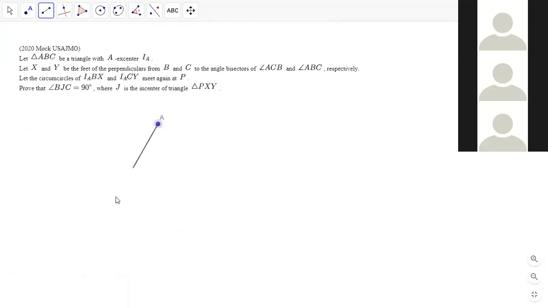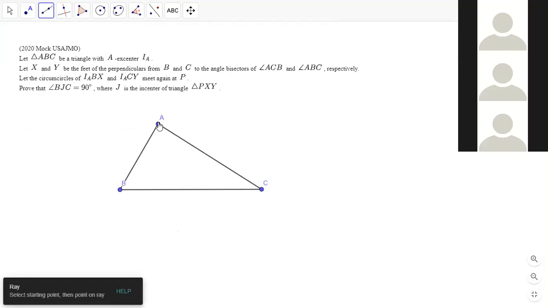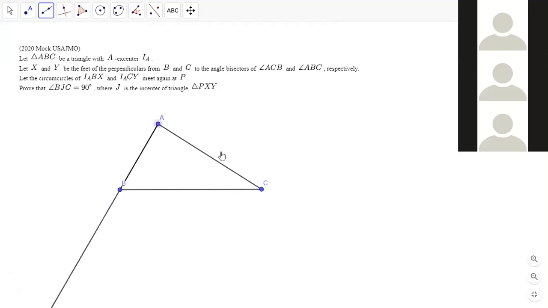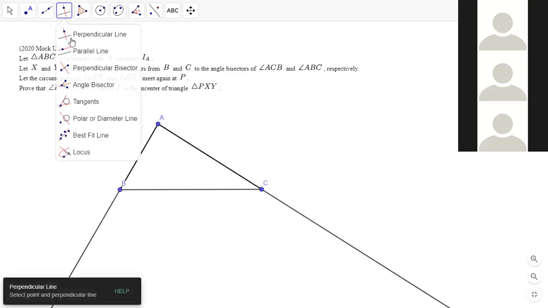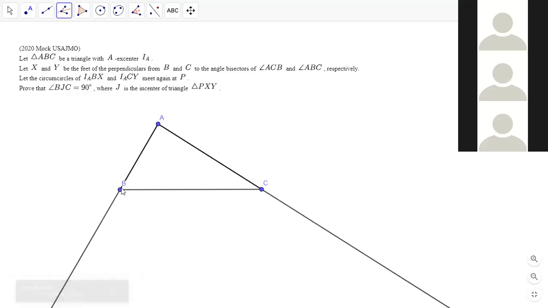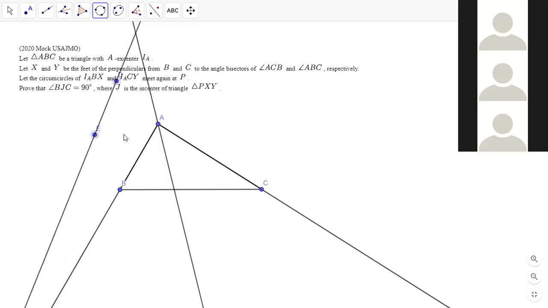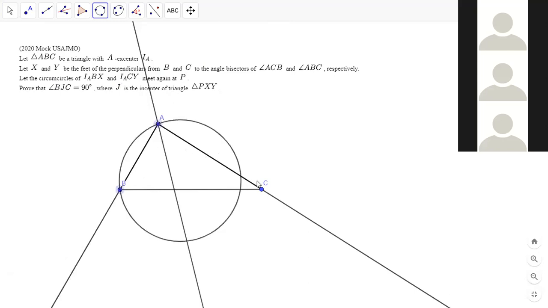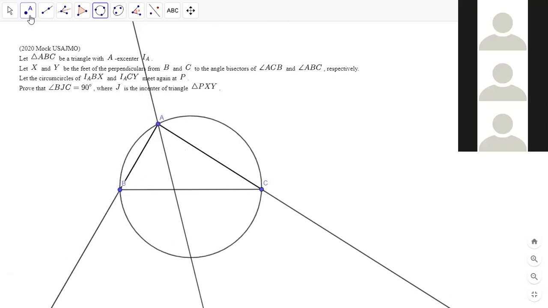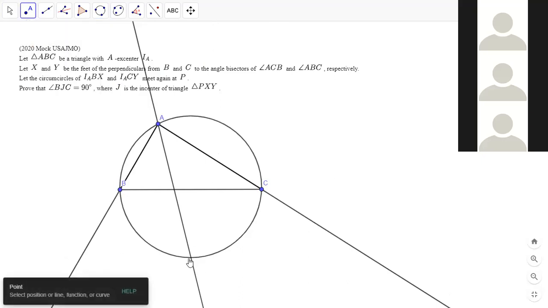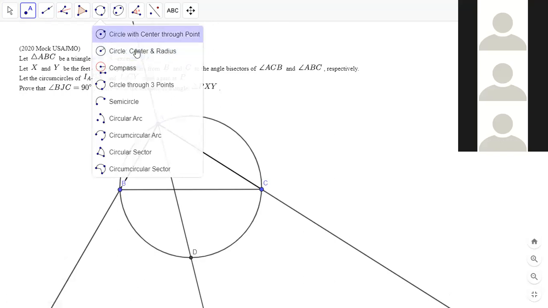So we draw the excenter. Couple angle bisectors. I'll draw the excenter using the incenter-excenter lemma.